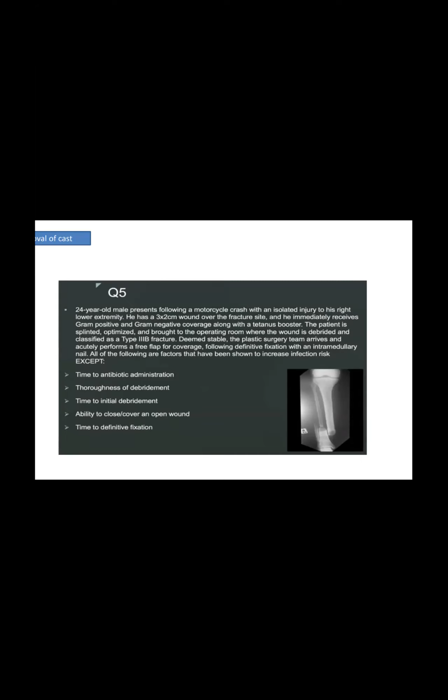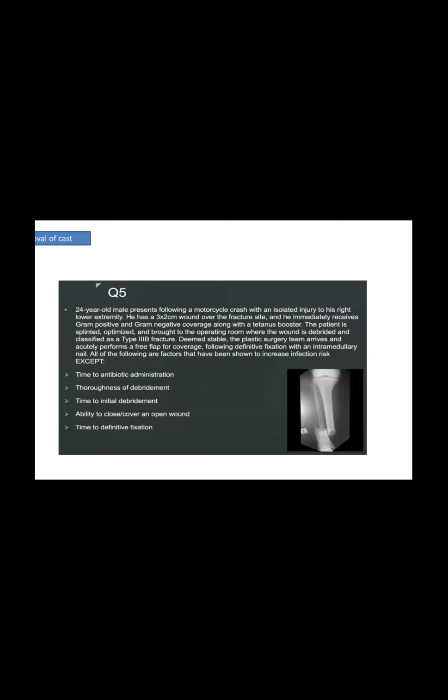Okay, so I'm giving you instruction. In this scenario, there is a motorcycle crash injury, an isolated injury in the right lower extremity. After the accident, before initiating antibiotic, we have to first give prophylaxis to prevent contamination. Then we have to give the antibiotic. So option A is correct, it's accepted.